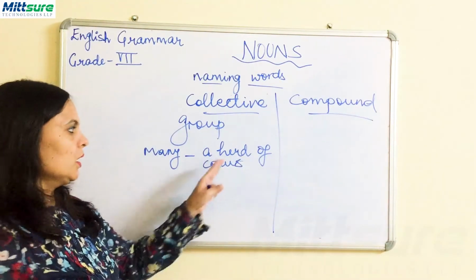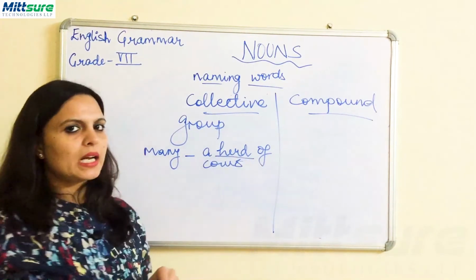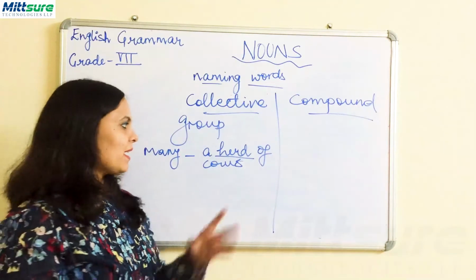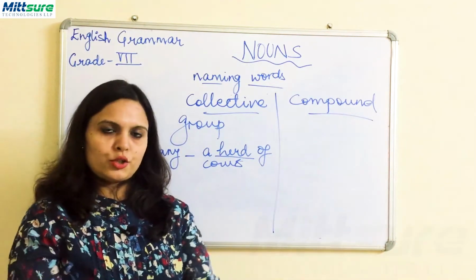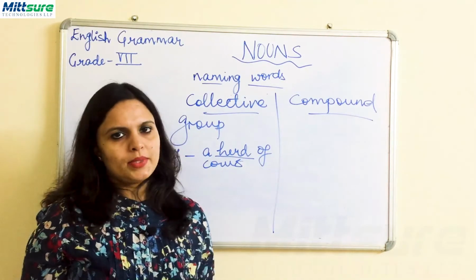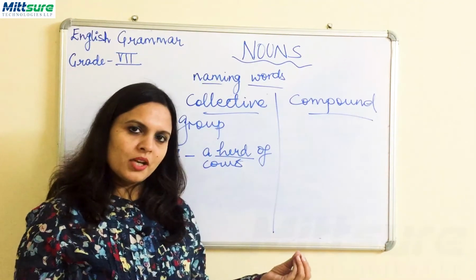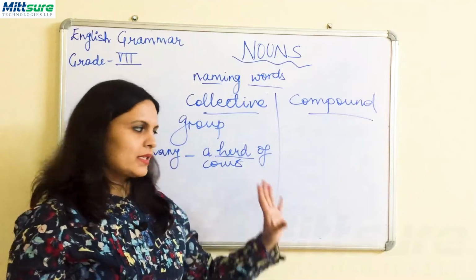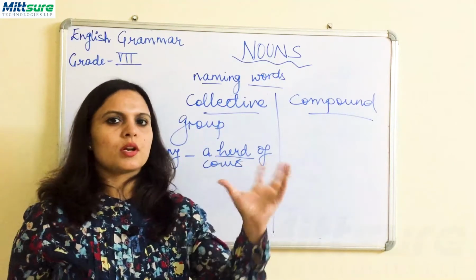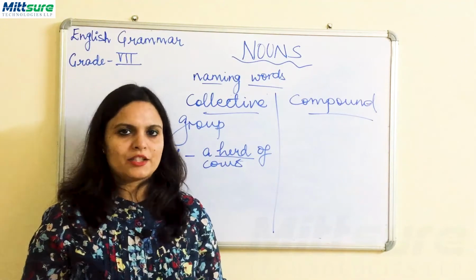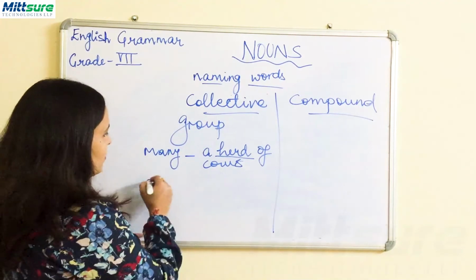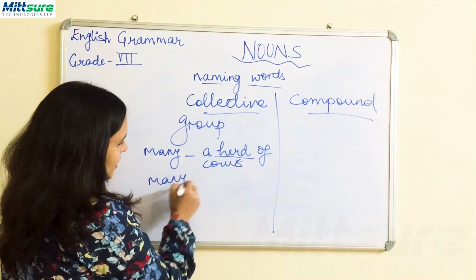Yeah? A herd of. So, herd is what? A collective noun. So, it is actually a collective term given to a larger group to refer to. Simple as that. It remains a common noun, but it's a name given to a collection of the things, so it becomes the collective noun. Like you can say many keys, right?